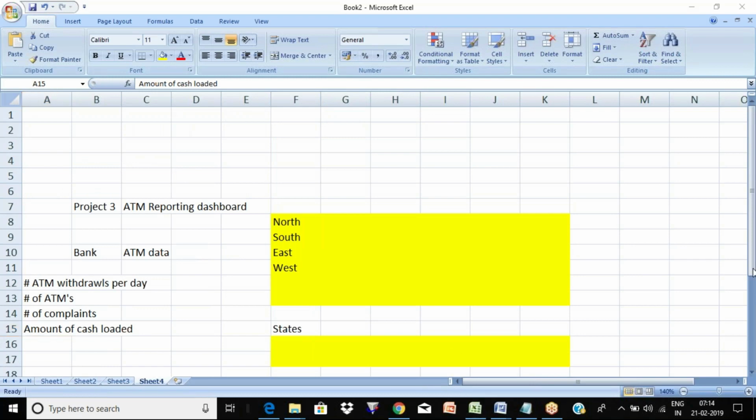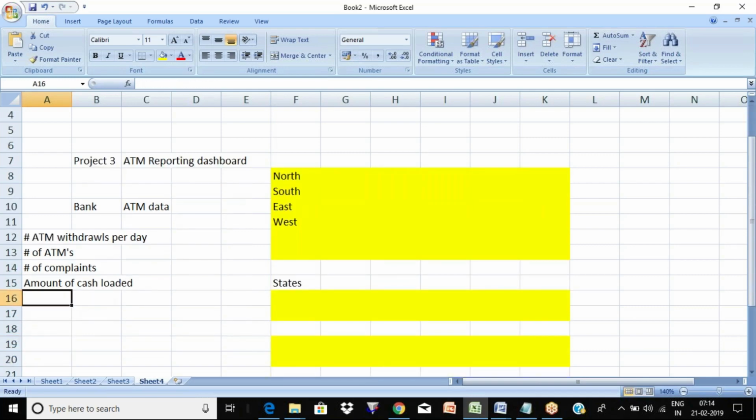One more interesting thing which Krishna pinged in the chat is the number of withdrawals made from other bank ATMs. Perfect. It happens that the senior management wants to look at how many withdrawals are happening by other bank customers.